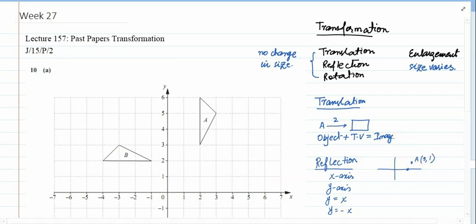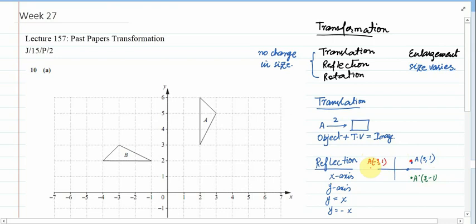When you reflect your point across the x-axis, this point A dash will be 3, minus 1. When you reflect this point against the y-axis, A dash will be minus 3, 1, right?